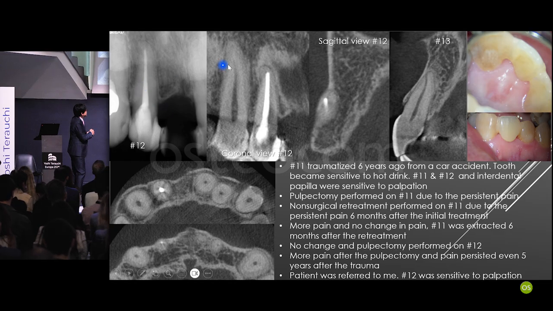I took CBCT, and look, there was no periapical radiolucency, nothing wrong, right? So who wants to do the retreatment on this tooth number 12? Who wants to do the endodontic treatment? Nobody? Okay, who wants to extract the tooth? Nobody? Okay, what would you do? Go home?